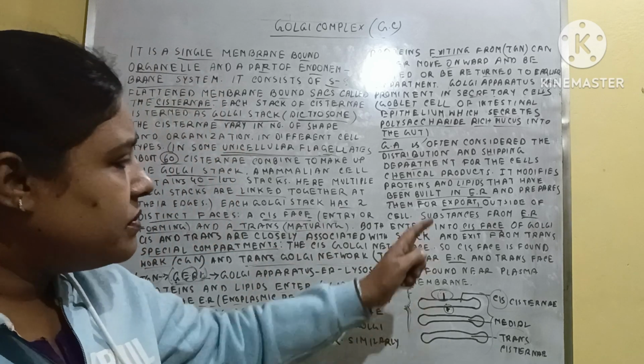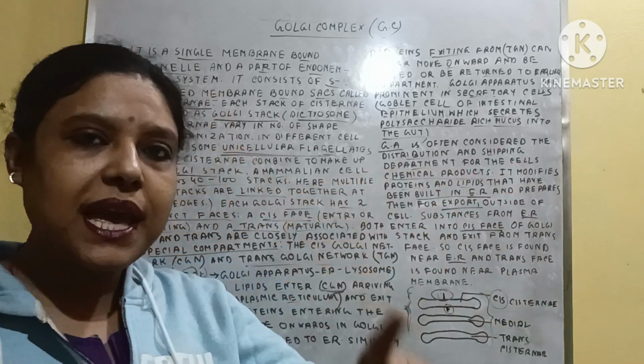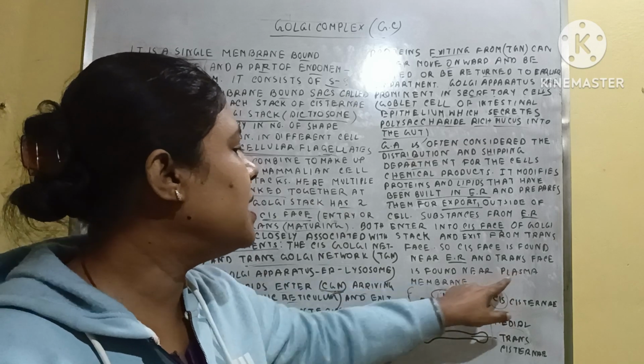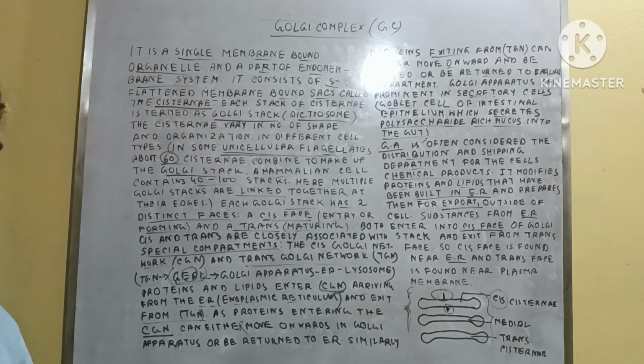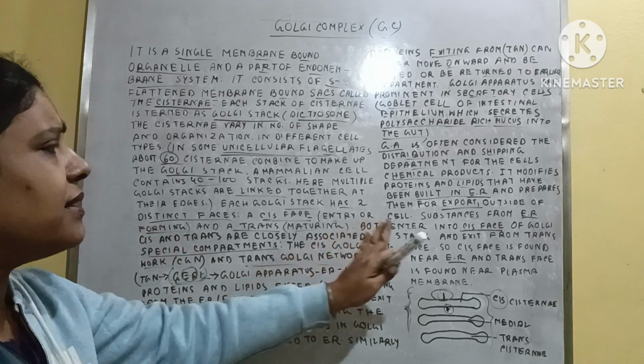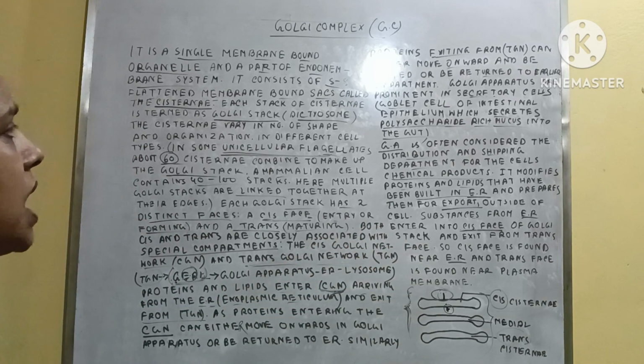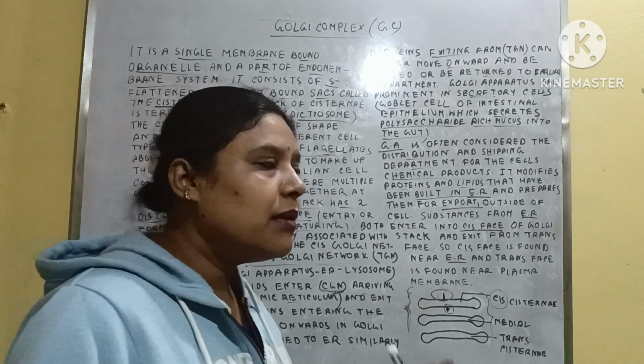So that's why the trans face of the Golgi apparatus remains near the plasma membrane. This is the structure and function of the Golgi apparatus I have just explained. So it is completed here.